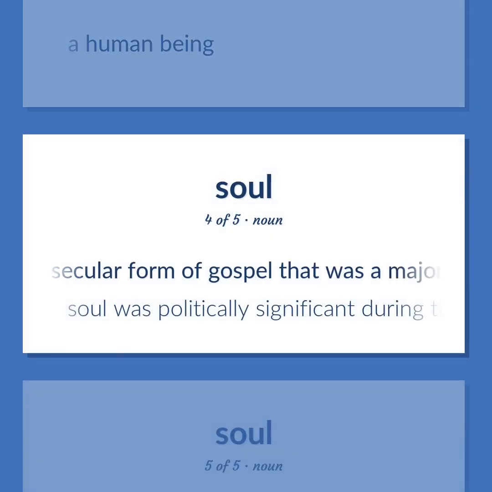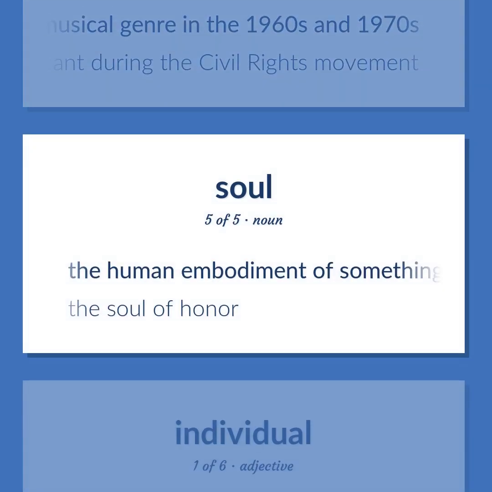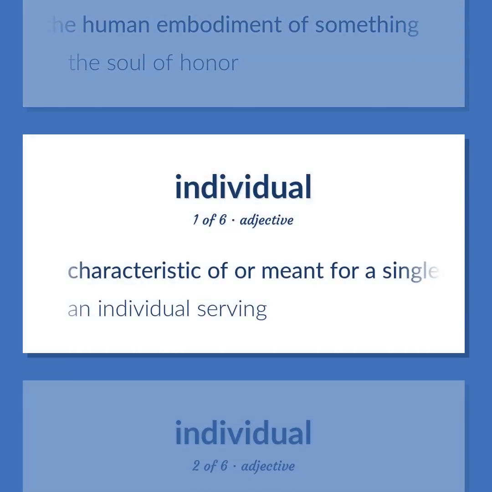A secular form of gospel that was a major black musical genre in the 1960s and 1970s. Soul was politically significant during the civil rights movement. The human embodiment of something. The soul of honor. Characteristic of or meant for a single person or thing.